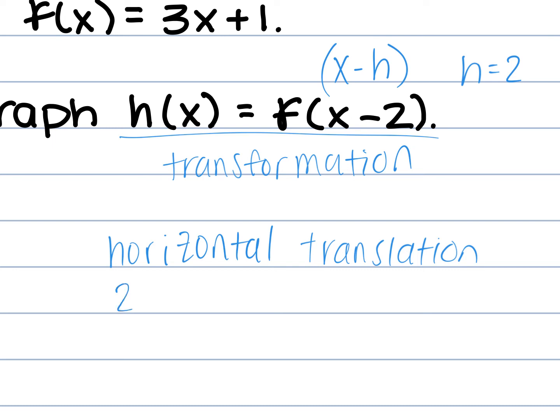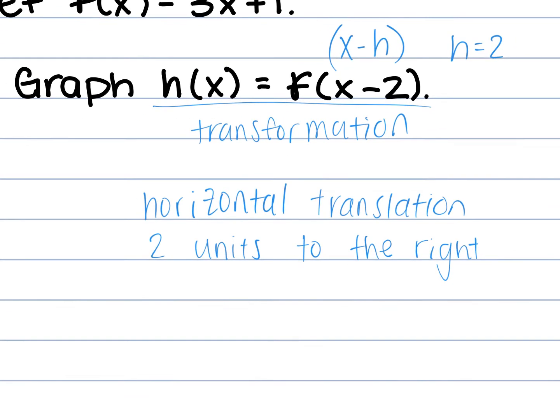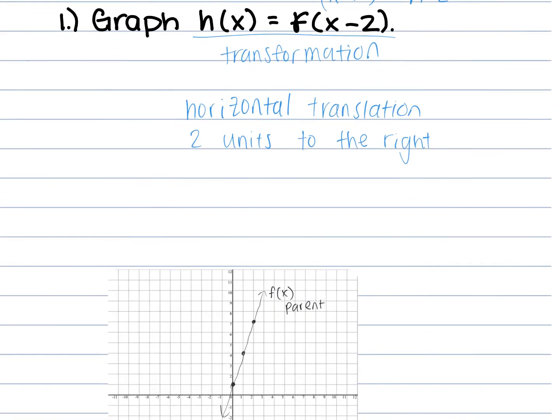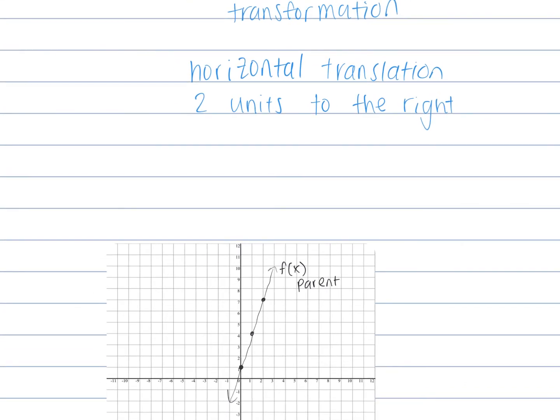It's 2 units to the right. That means we're going to take each of our points and shift them 2 units to the right. So take this point up top, move it 2 units. Take the middle point, move it 2 units. And take the bottom point, move it 2 units.